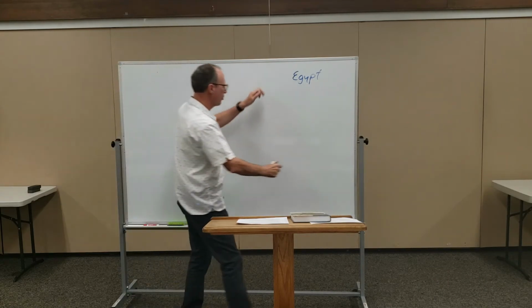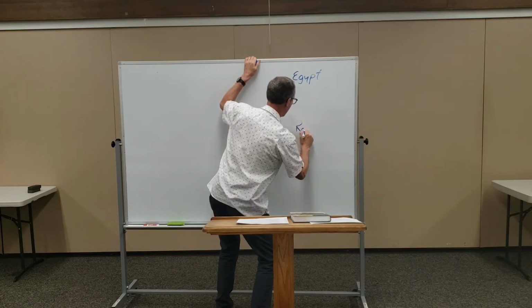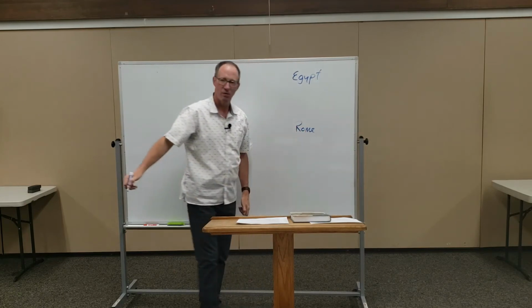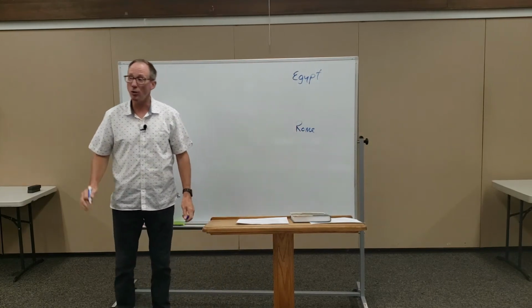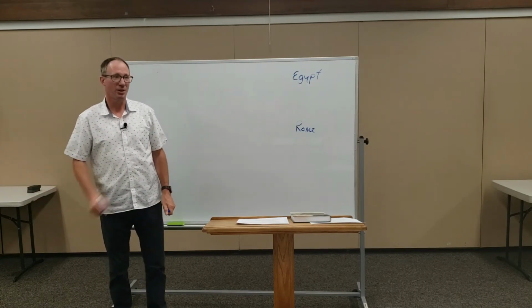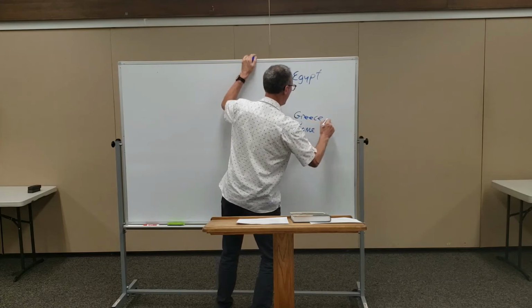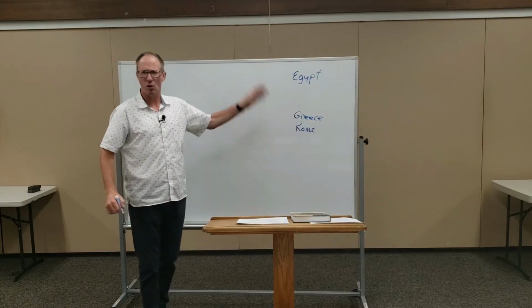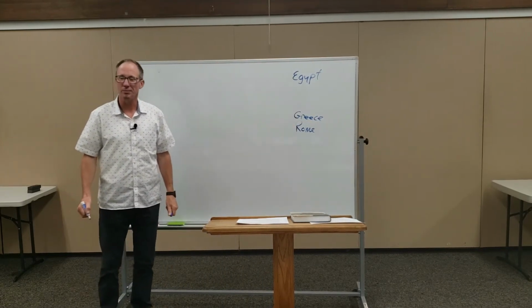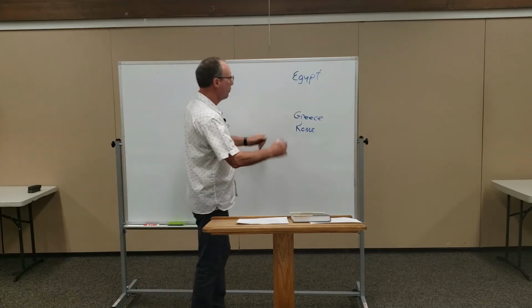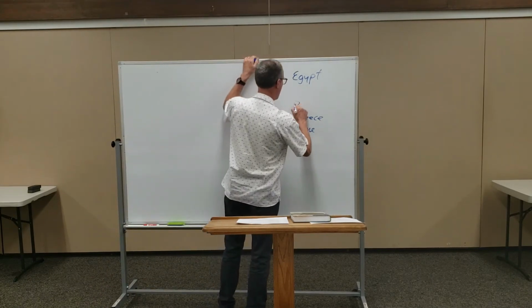I'll help you. Ending with Rome. Fill in either side. Before Rome was Greece. There we go. Okay. See, sometimes you can't remember from the list down. We'll just go the other direction. Fill it in that way. Before Greece was Persia. All right.